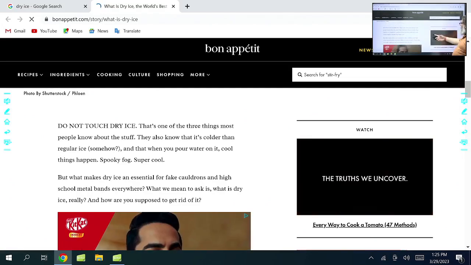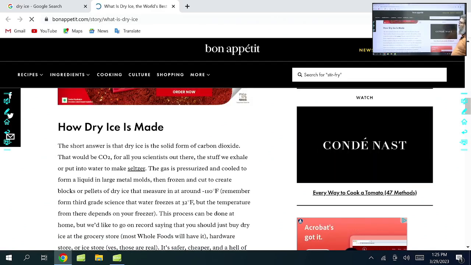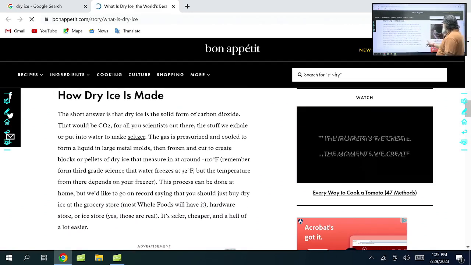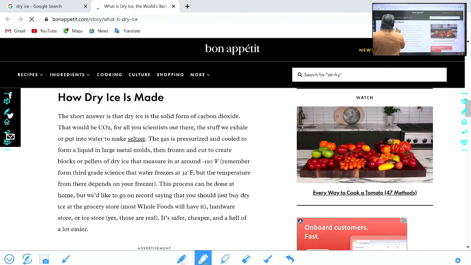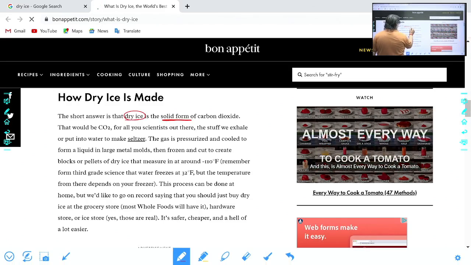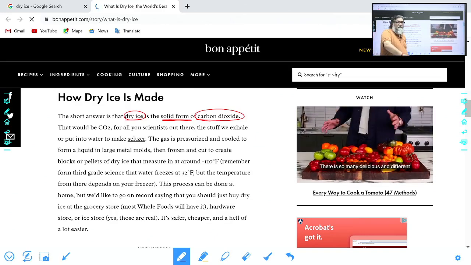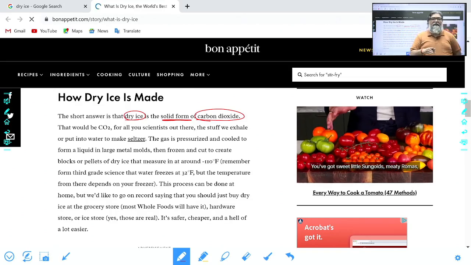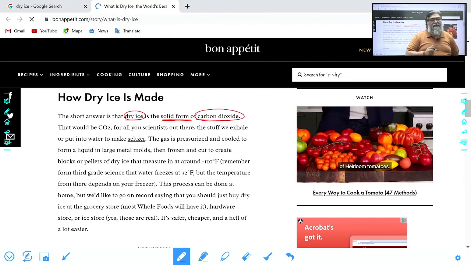Right, we can cool this kind of dry ice there. The short answer is that dry ice is the solid form of carbon dioxide. If the temperature becomes less than 0 degrees Celsius, that carbon dioxide gas will convert into solid form.